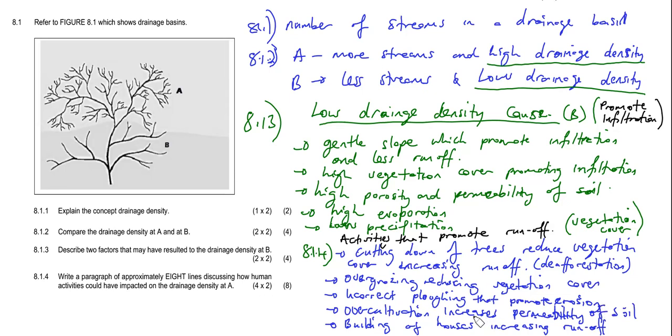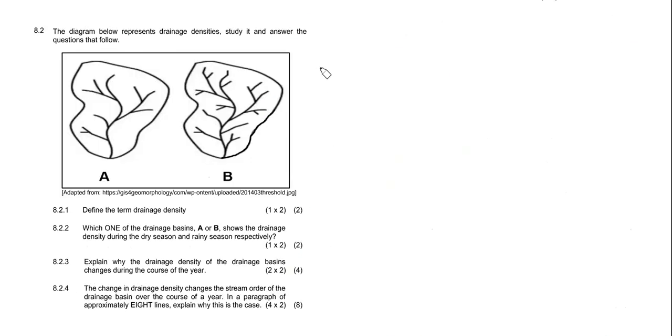Okay, that's what we need to know here. Overcultivation increases, the soil becomes loose over time, allowing more water to infiltrate. So it will increase more infiltration.